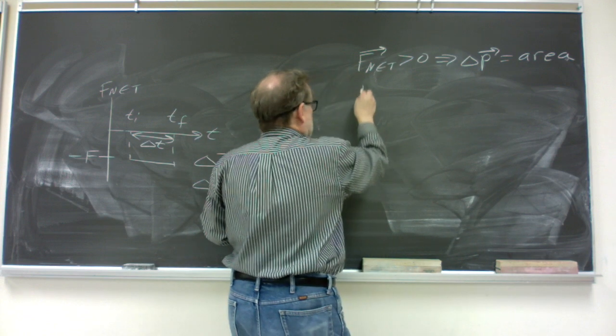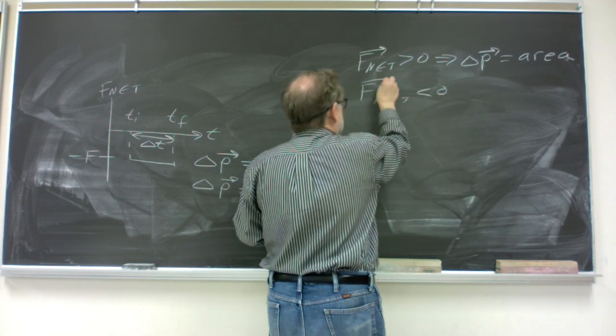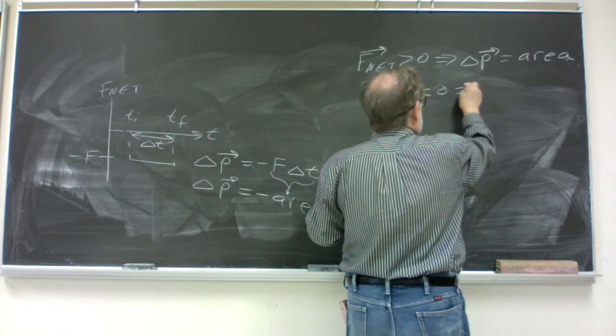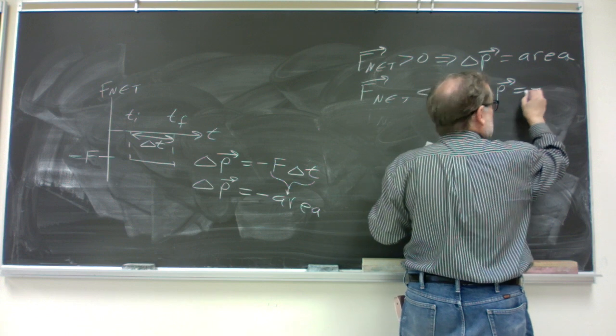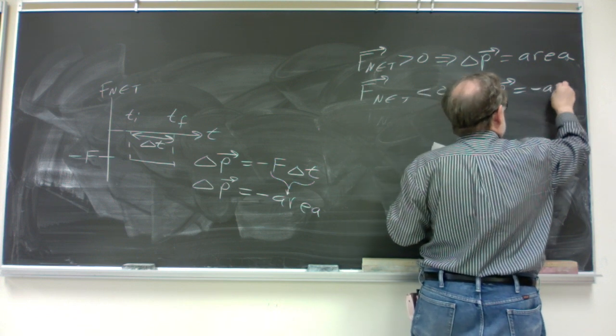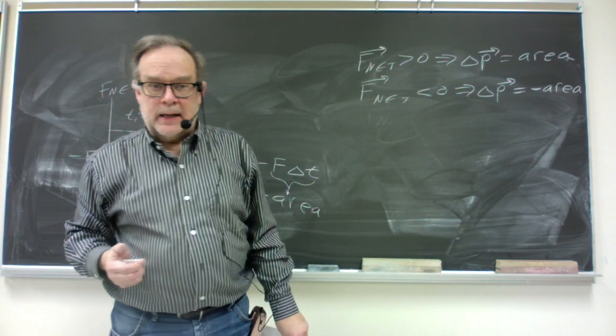And if the net force is negative, that implies that the change in momentum is equal to minus 1 times the area between the force line and the time axis.